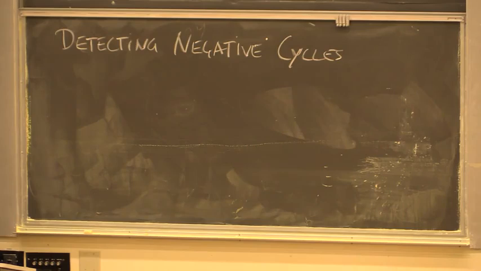Positive weights, right? So we're not assuming that they're directed or undirected. They're just arbitrary directed graphs, but you need to have positive lengths on them.